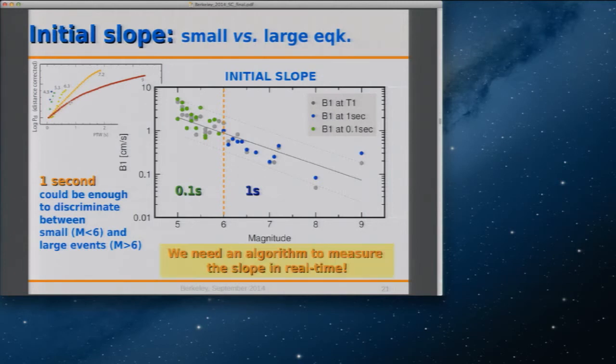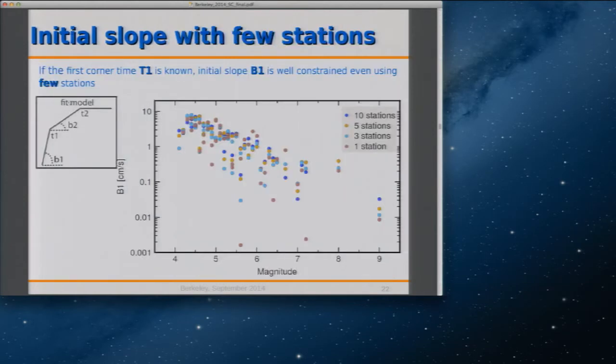But the problem is that we need to develop an algorithm, a very efficient algorithm, which is able to measure the slope in real time and which is able to stop as soon as the slope is changing too much. And to be honest, having looked at the data, I see it quite challenging in real time. And then the next question is, how many data do we need to do that? And again, if we are able to stop when the slope is changing, even few data can be enough to constrain the slope.